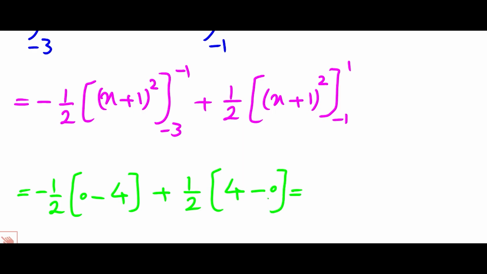So the final answer is -1/2 times -4 is +2 plus 1/2 times 4 is 2. So the final answer is 4.